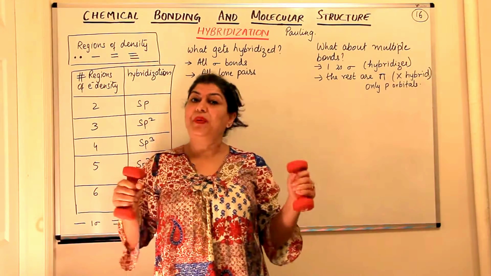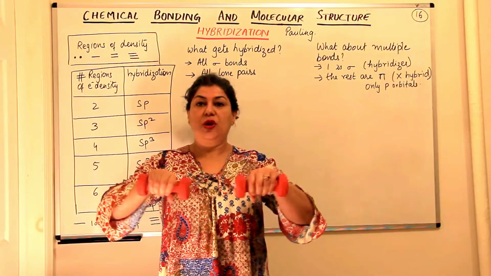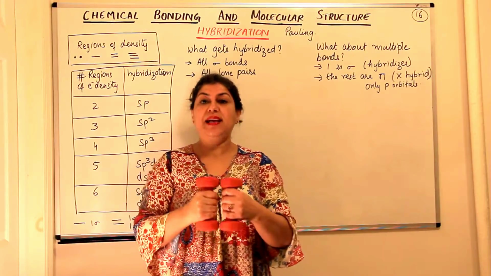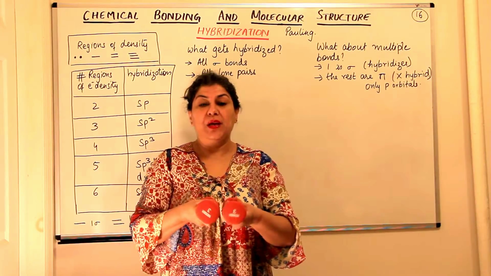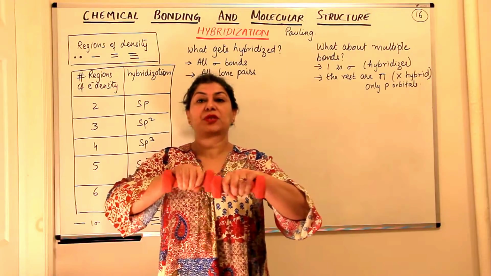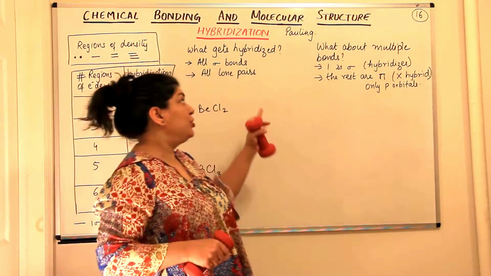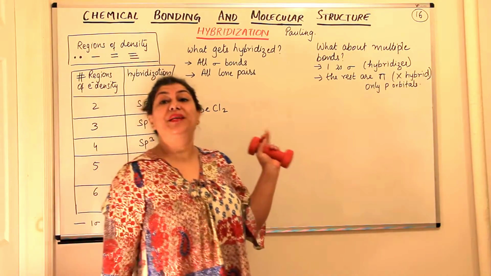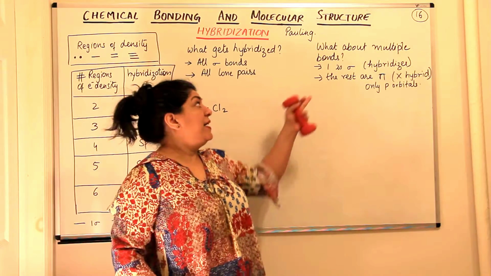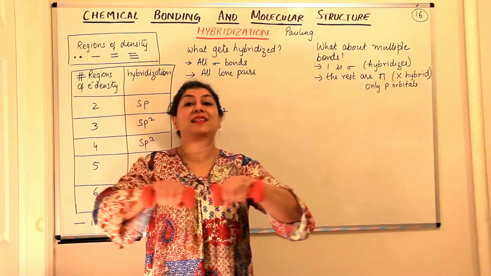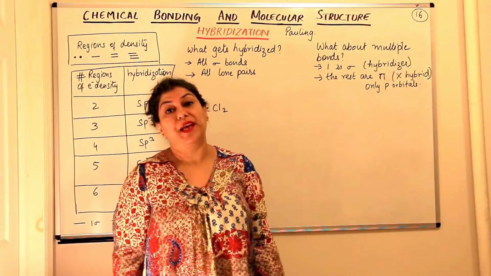And we know there are three p orbitals: the pz, which is along the internuclear axis, px and py. When pz overlaps head-on, that is the first bond, the sigma bond. But I just told you that sigma bonds would participate in hybridization, which means that pz is the orbital which will participate in hybridization.